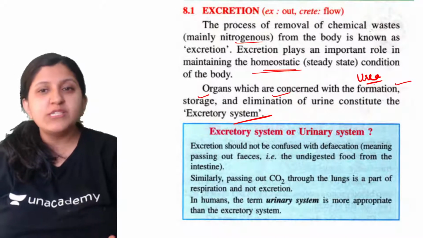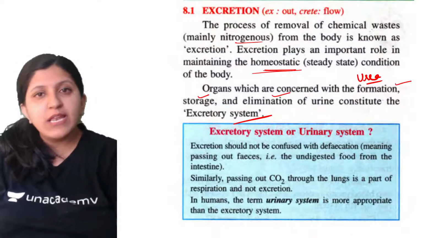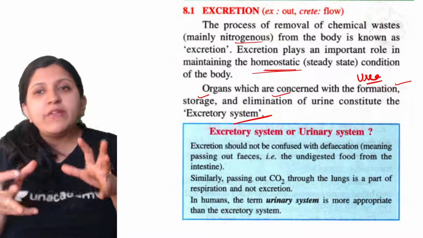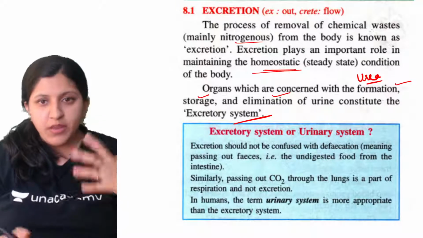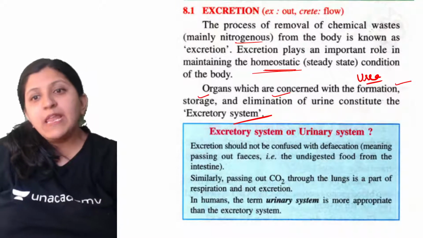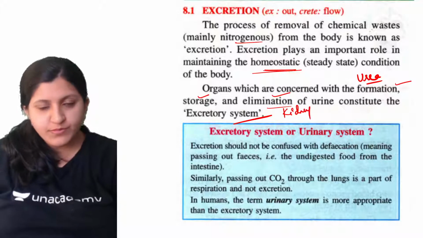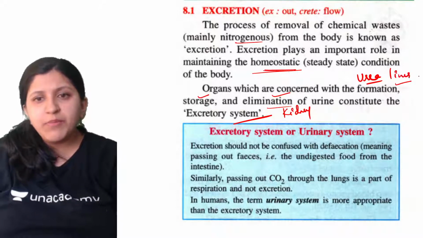Urea formation is occurring in the liver itself. Storage: whenever urea is formed, it will be stored until the blood picks it up. Storage and elimination can be through the kidney, and here the liver can be mentioned as well.